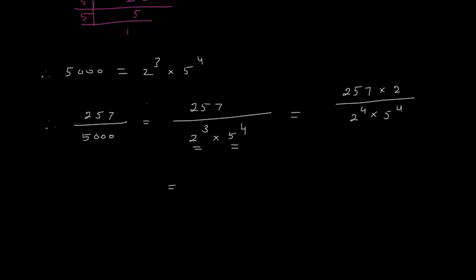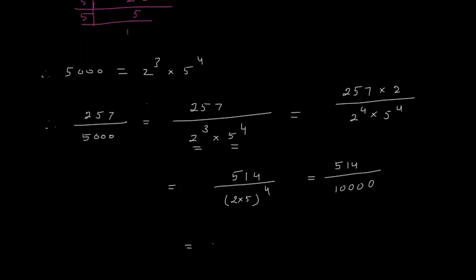Now our numerator is 2 7s are 14, 1 carry, 2 5s are 10, 1 is 11, again 1 carry, 2 twos are 4, 1 is 5. So this is 514 divided by 2 into 5 the whole power 4, that is 10 power 4, which is 10,000. Now there are 4 zeros, so I have to move the decimal 4 places left.